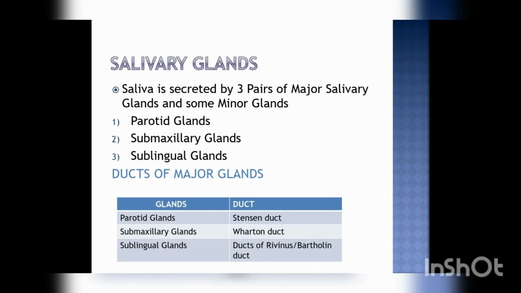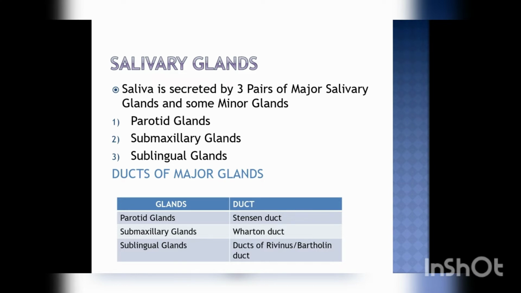Now, salivary glands. Saliva is secreted by three pairs of major salivary glands and some minor glands. First one is parotid glands. Parotid glands are the largest of all salivary glands. Secretion from these glands is emptied into the oral cavity by Stenson duct.